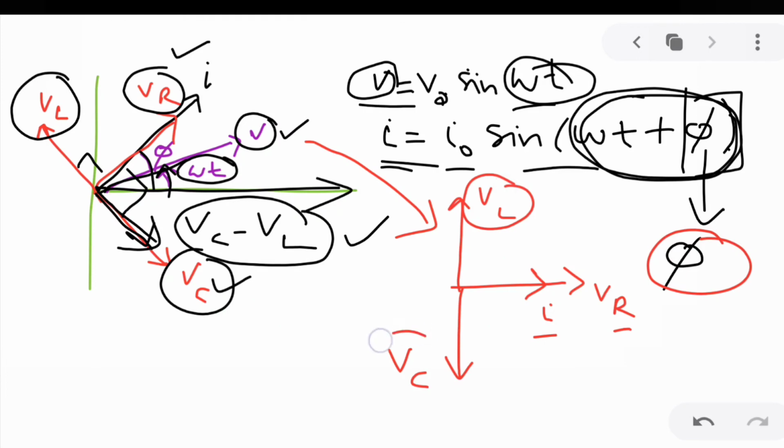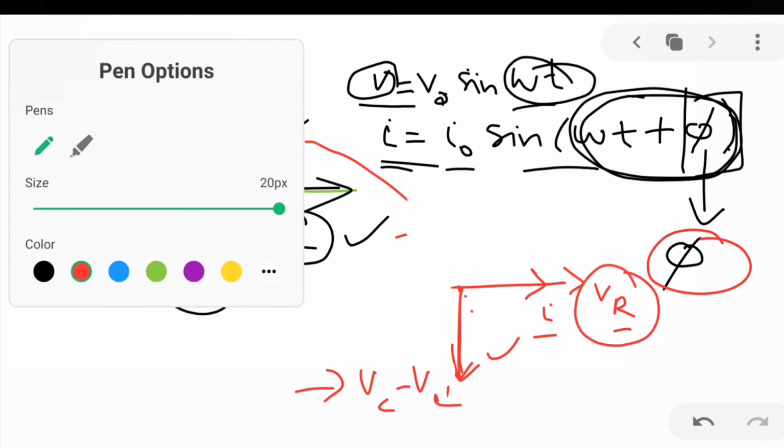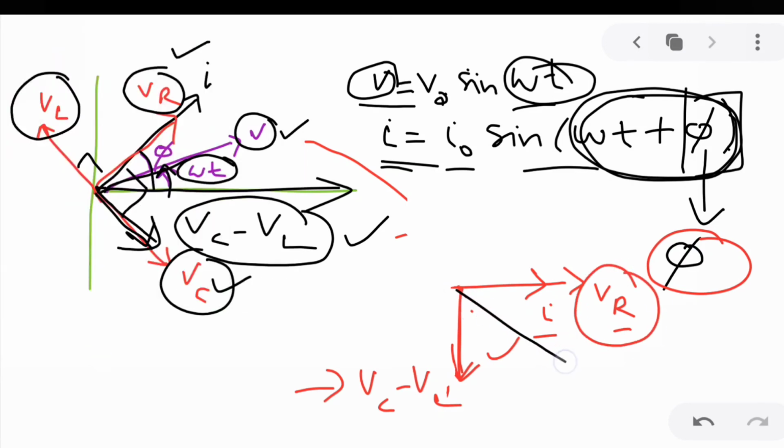We have taken VC to be of greater magnitude, so the resultant of these two will be in the downward direction, which we take as VC minus VL. So this is VC minus VL, this is VR, and their resultant will be V in this direction, and this angle is phi, the phase angle between voltage and current.